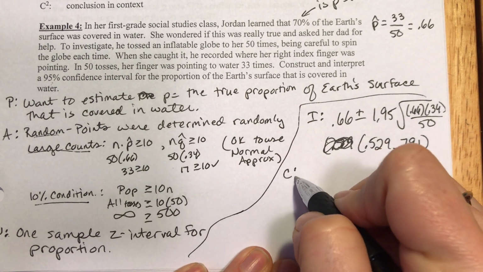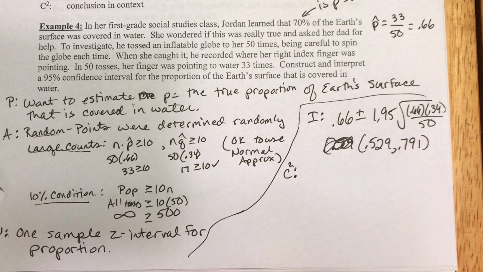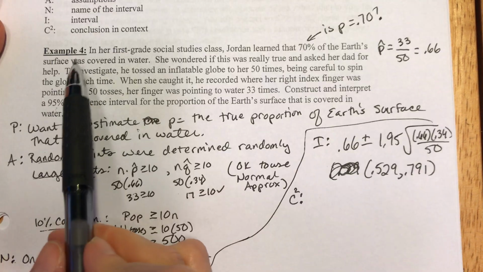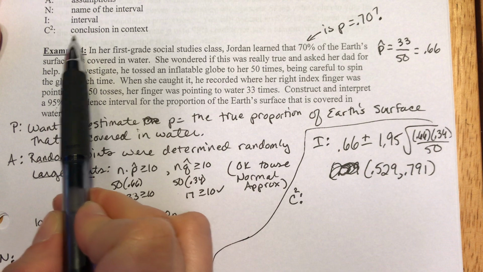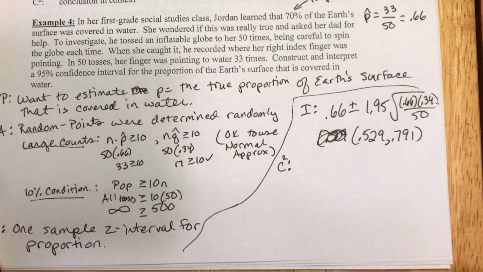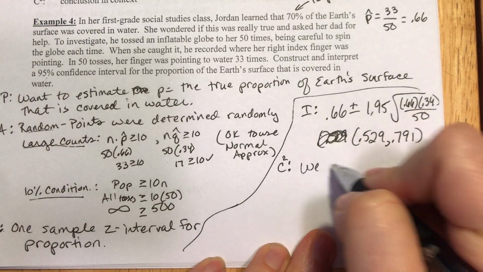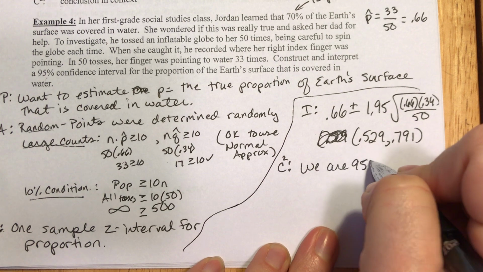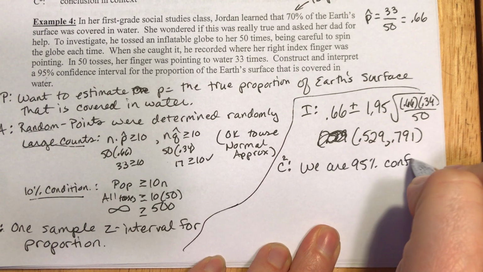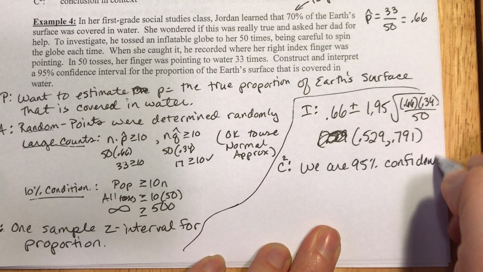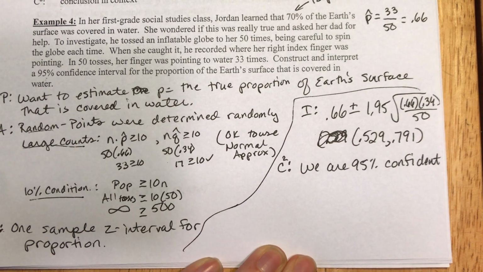And then C squared is we need to state a conclusion in the context of the problem. So we are 95% confident. You could write certain or sure, but you need to say how certain or sure we are.